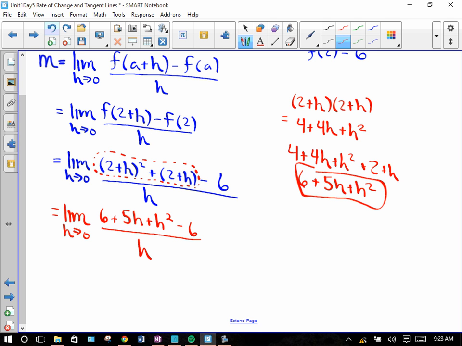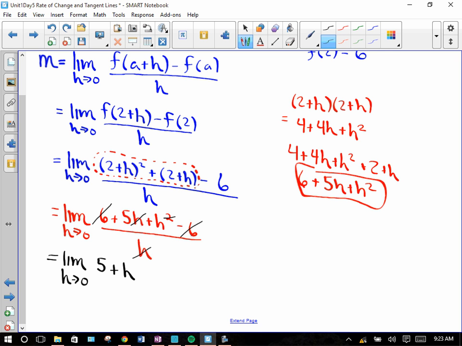I then just need to start simplifying. The 6's cancel out. This h and one of these h's cancel out with that h. So I'm left with the limit as h approaches 0 of 5 plus h.